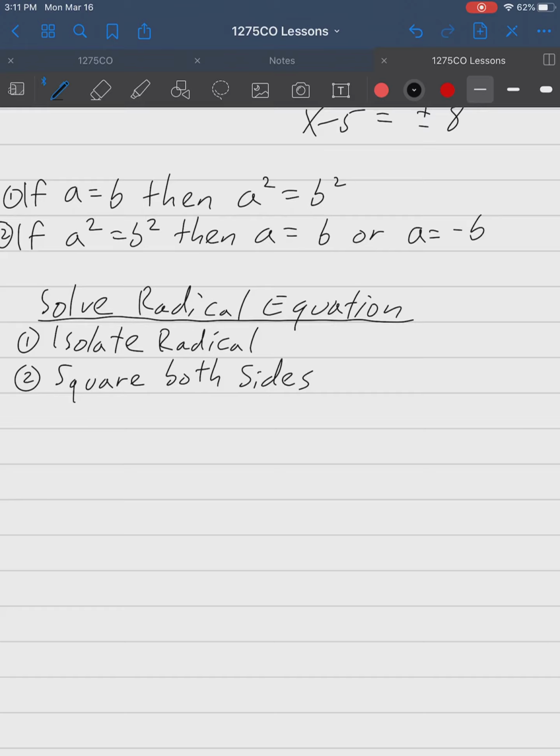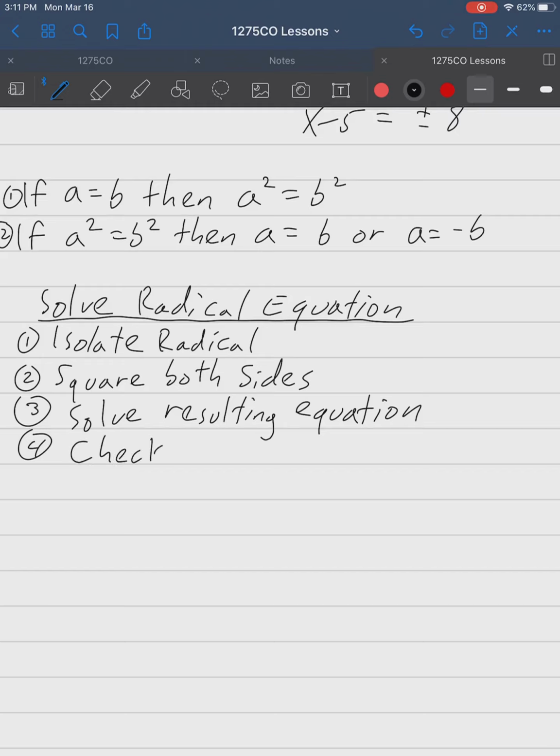And remember, you're squaring the entire side of each equation. Sorry, you're squaring each side, right? Not the individual terms. You're squaring the entire side, and I'll explain a little bit further what that means when it comes up. Step 3 is to solve the resulting equation, because after you square both sides, the result will be an equation to solve that you can solve through any means that we've talked about.